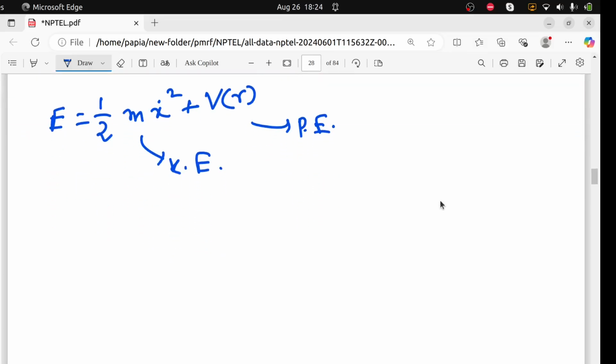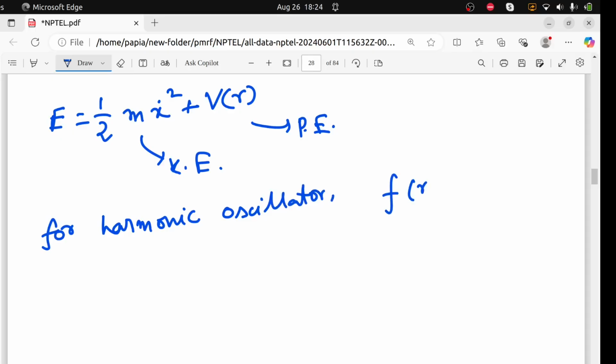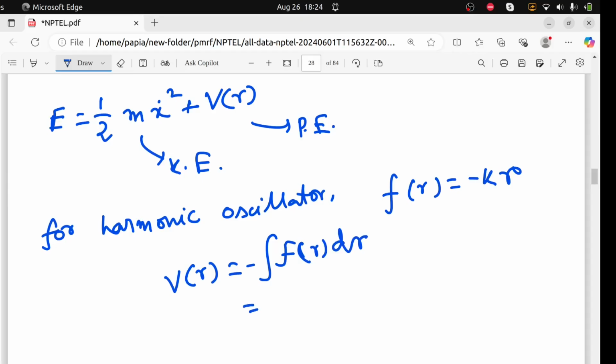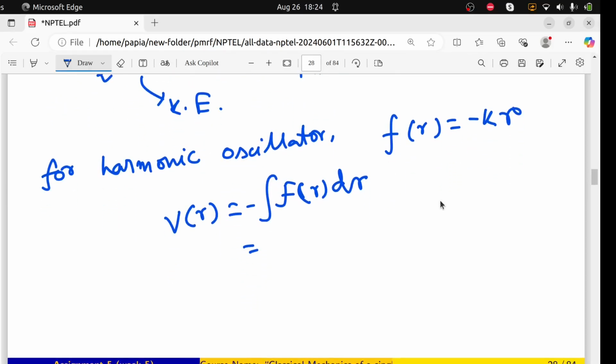Now for the harmonic oscillator case, F of r is minus k into r. So V of r is minus the integration of F dr, which is minus k r dr. So it is k r square by 2.